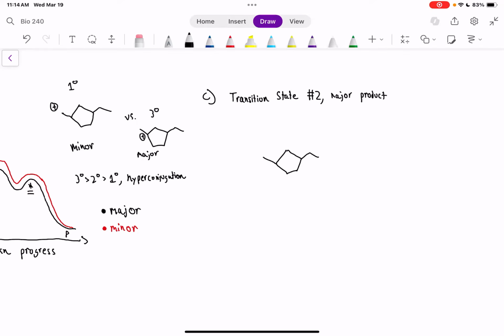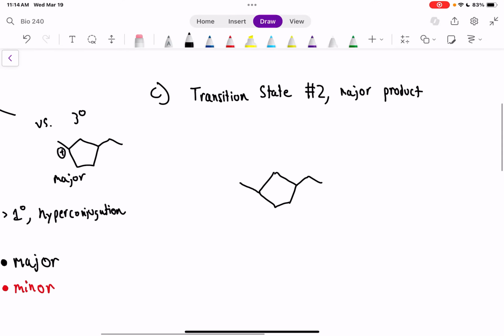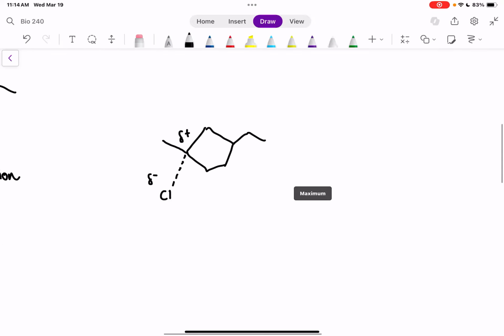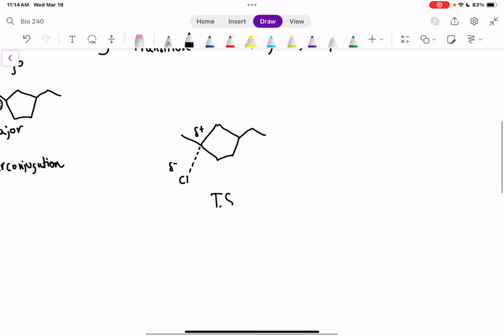And I'm not going to draw a full carbocation because in the transition state, we have partial charges. So what I'll do instead is I'll put a partial positive here to indicate that's where the partial positive is on that carbon. And then I know I have a half-formed bond with a chloride, which is a partial negative. This would be the example of the transition state.